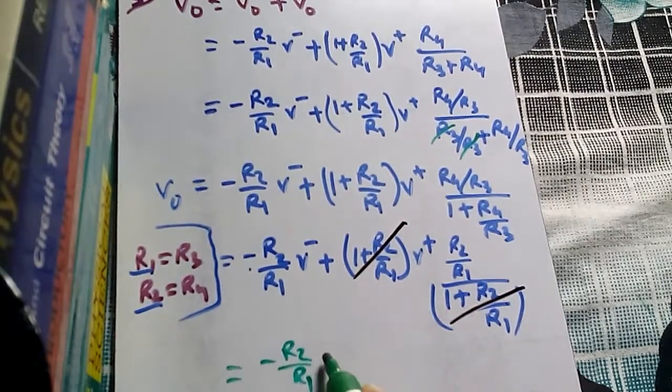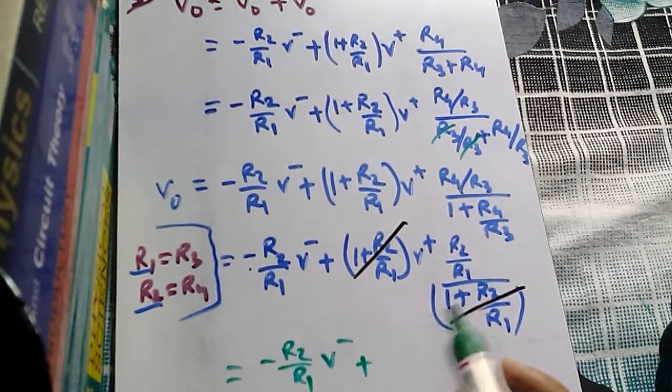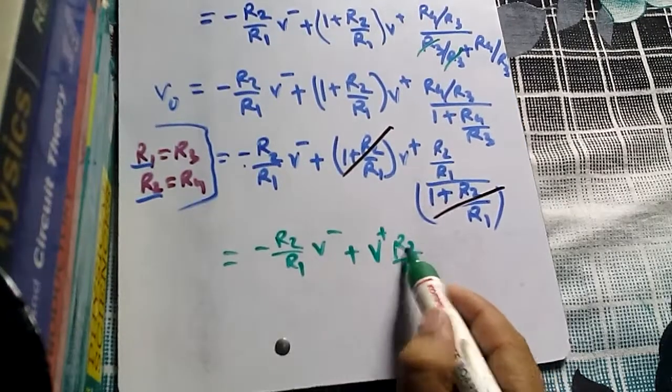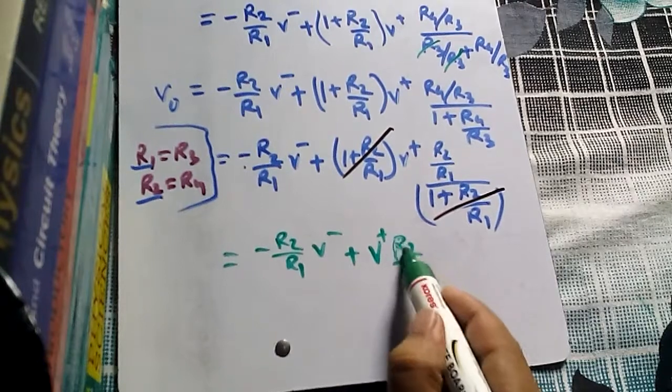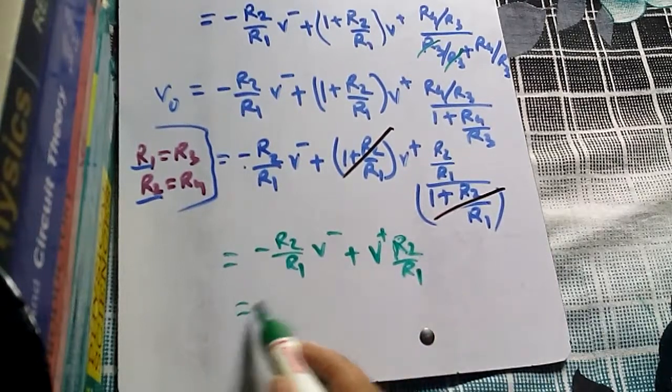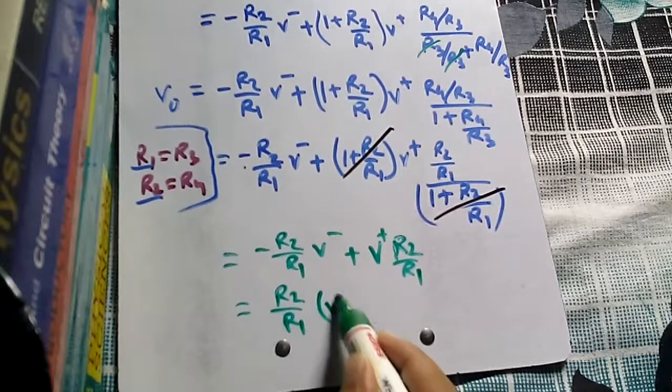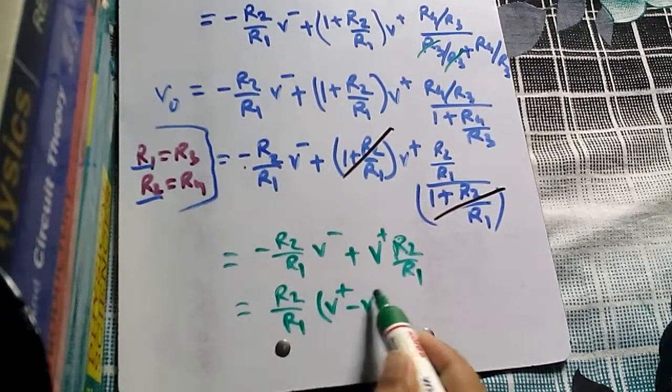minus R2 by R1 V minus plus V plus R2 by R1. This is what we have now. Now if you take R2 by R1 as common, then we have V plus minus V minus.